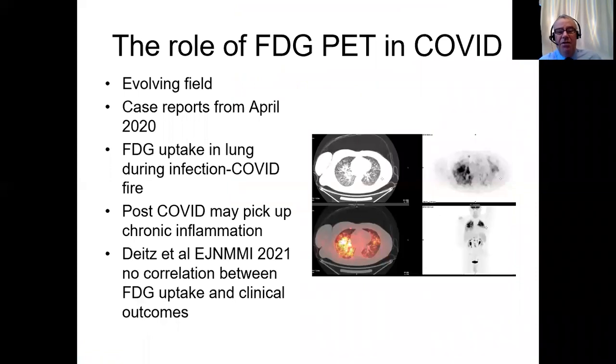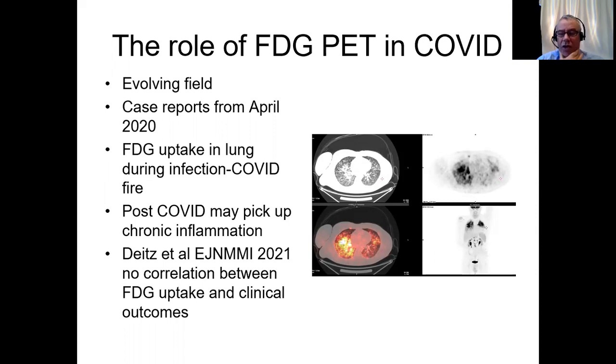So bringing us back up to date, and I showed you, I think, this slide before, is a patient who has COVID. The first case reports came out in April last year, but since then we've been seeing quite more of these. And particularly we've seen this pattern of what's called COVID fire, where you have these multiple lung infiltrates during the active infective phase, and they're very FDG avid.